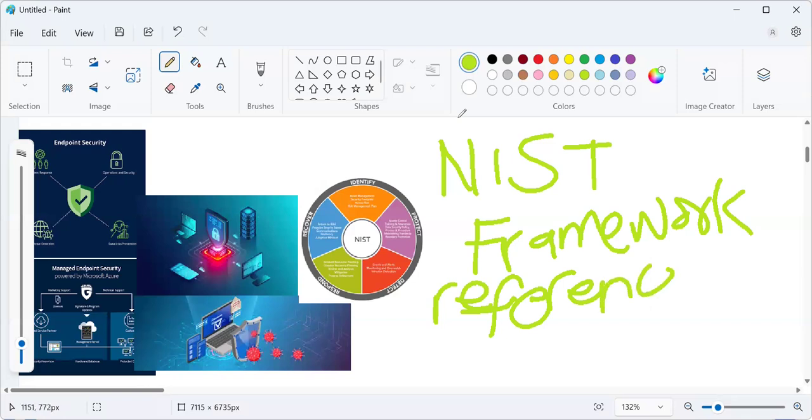We have quite a number of them that can be used. These practices align with the National Institute of Standards and Technology, the full meaning of NIST, and its cybersecurity framework, which provides a structured approach to managing and reducing cybersecurity risk.